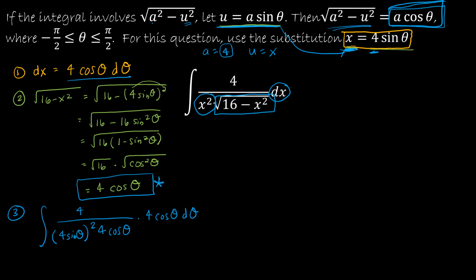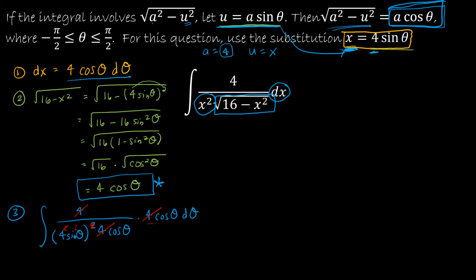So before I integrate, I'm going to reduce anything that I can. So I see that I have a 4 in the numerator, and I'm going to go ahead and distribute that square. I actually have two 4s on the left side of my denominator, and so I'm going to cancel the 1 on the top with 1 of the 4s on the bottom. And then I also have a 4 here and a 4 here.